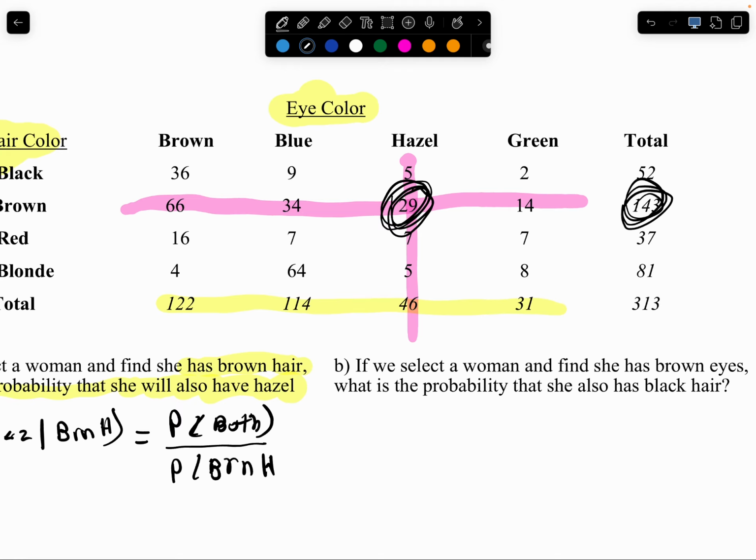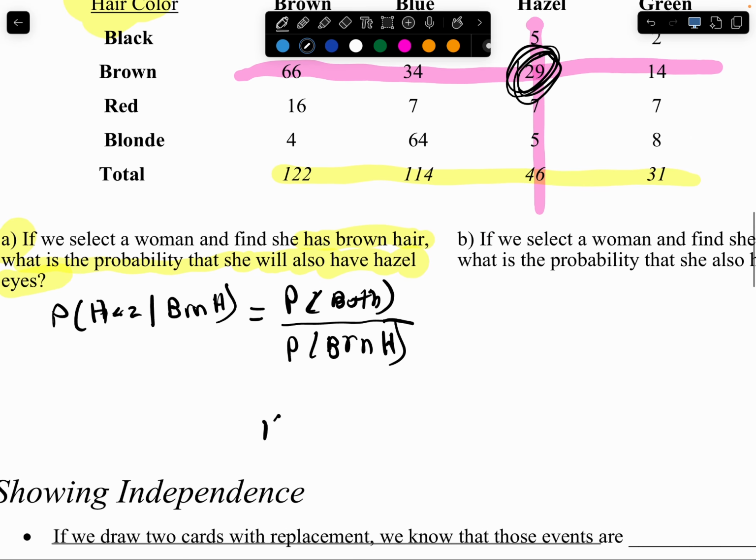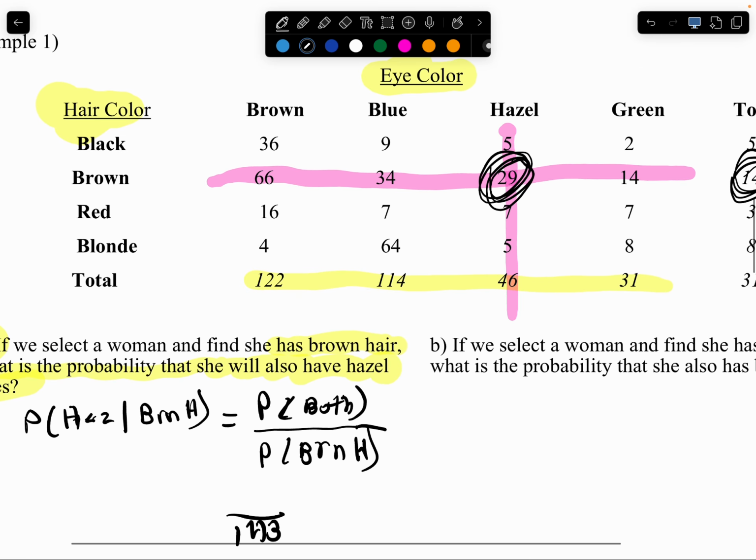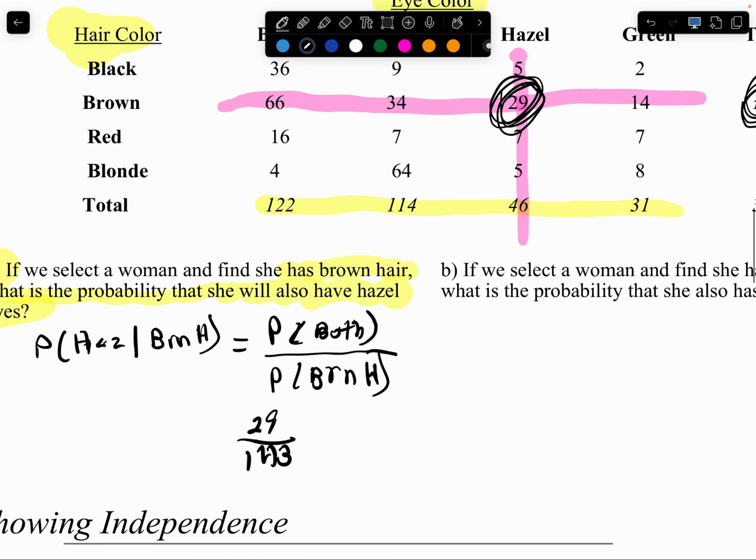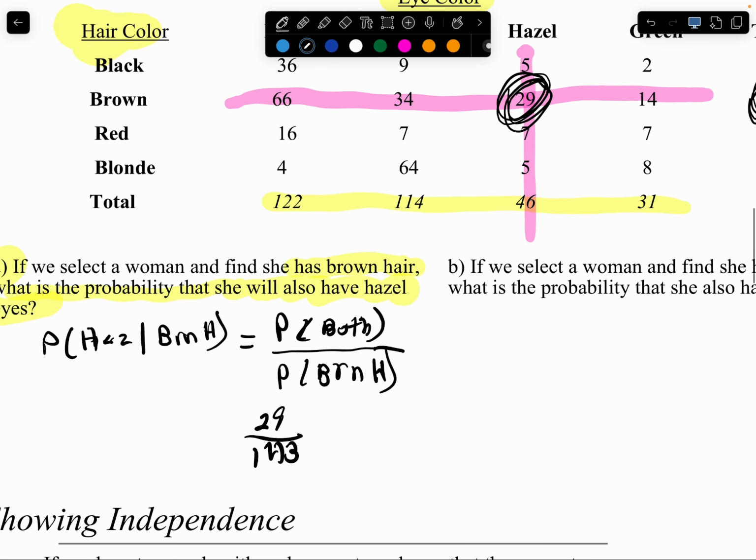Probability of brown hair. Okay, so that means we have 143 on the bottom because that's the brown haired people total. Okay, and we have a 29 on the top because that's your both, that's the intersection.